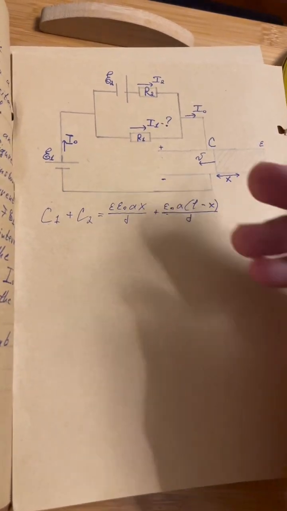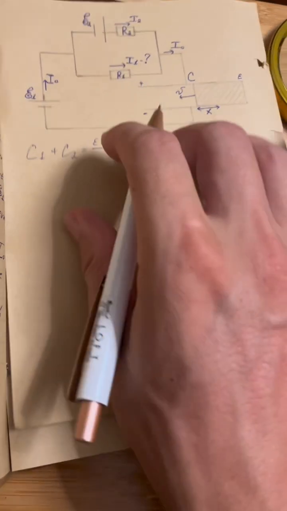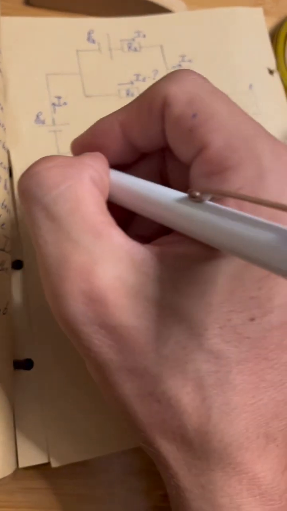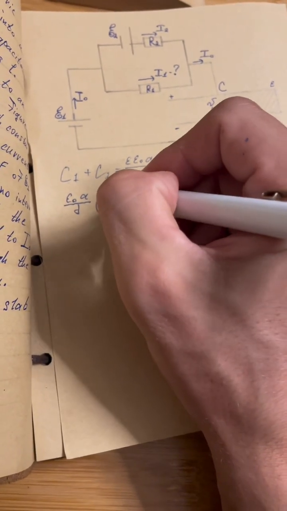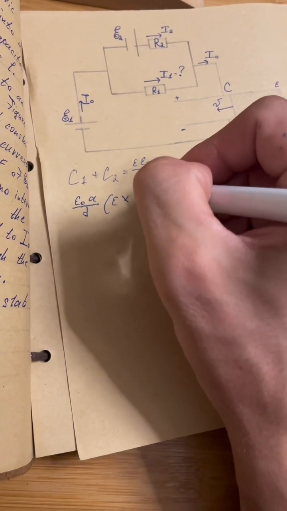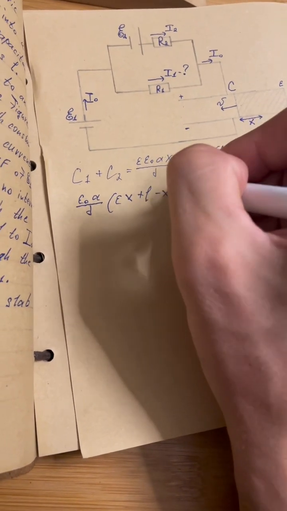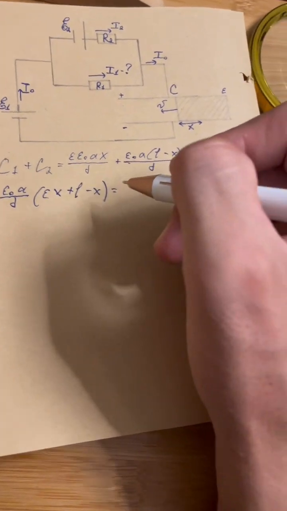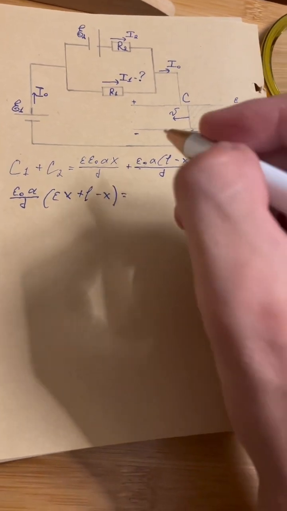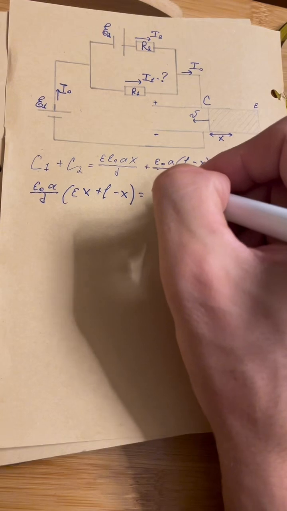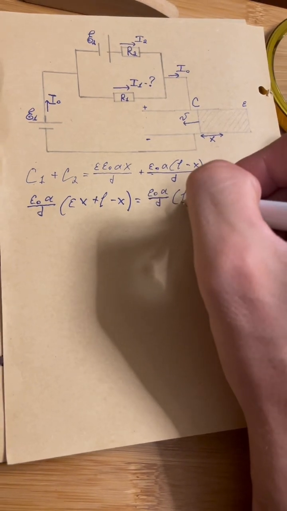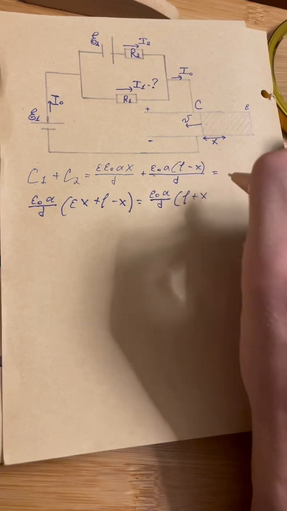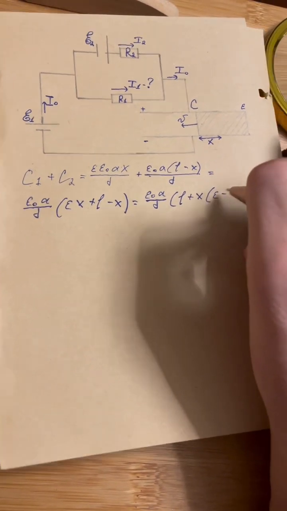Let's rewrite it a little bit as epsilon 0 A over D times (epsilon X plus L minus X). Or I also can rewrite it as epsilon 0 A over D times (L plus X times (epsilon minus 1)).